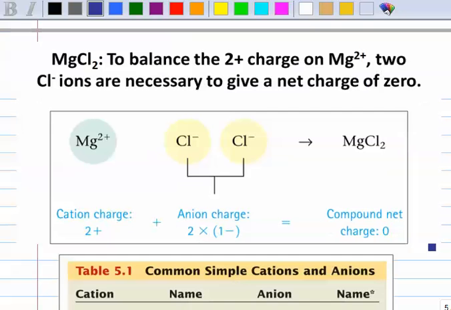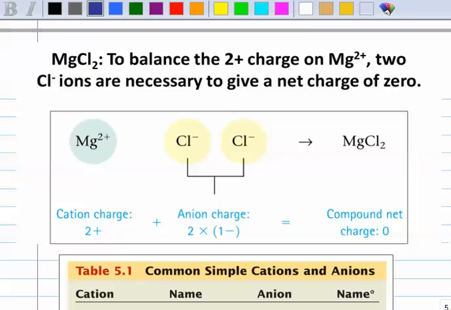If instead of sodium we had magnesium with a +2 charge, because the magnesium has a +2, that means we need 2 of the -1 chloride anions to come together to form magnesium chloride with a net neutral charge. And so this will always be the case when we form ionic compounds.